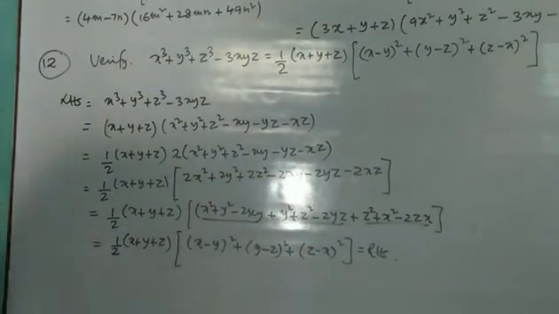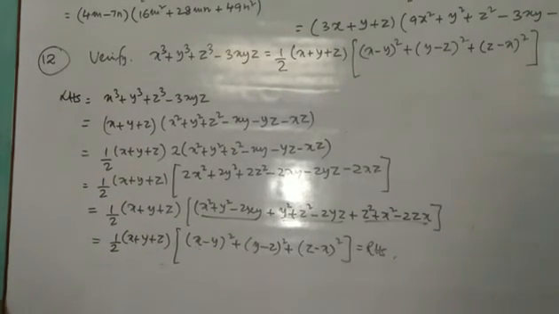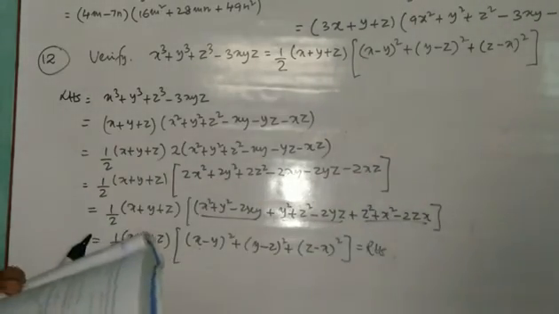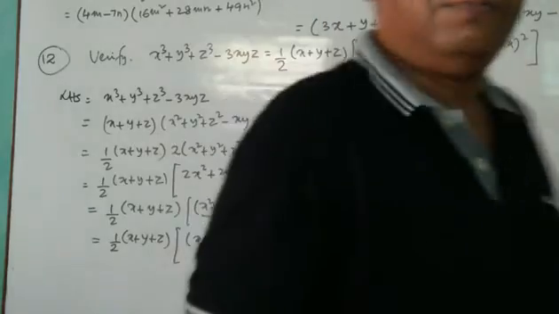Proved. So this is a very important sum. Students, do it by yourself and try to solve it again and again. It's important from the exam point of view as well. It was your question number 12.